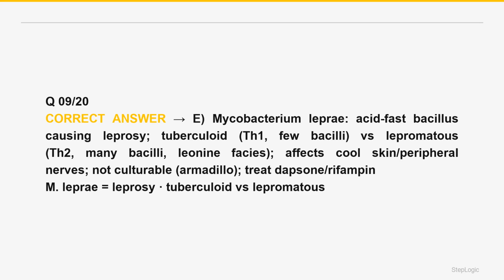Lepromatous leprosy: a weak cell-mediated response, Th2 predominance, leads to uncontrolled spread with many bacilli, widespread symmetric skin lesions, and the characteristic leonine facies, lion-like facial thickening. Treatment is multi-drug: dapsone, rifampin, and clofazimine for lepromatous. The acid-fast, cool-tissue-loving organism is Mycobacterium leprae.